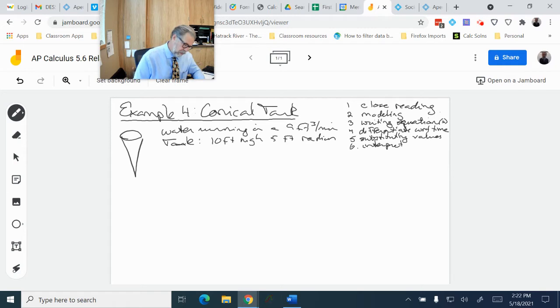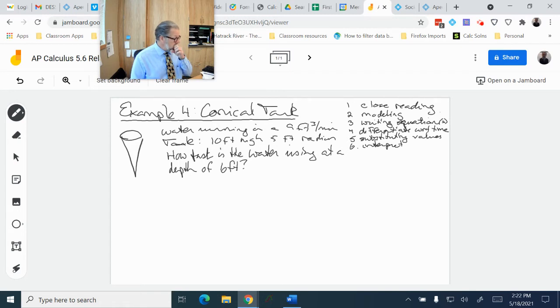I'm not writing very well, probably because I'm trying to write so small here. And the question we have is, how fast is the water rising at a depth of 6 feet?